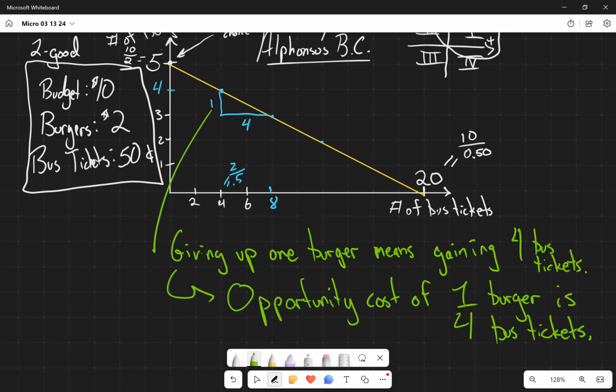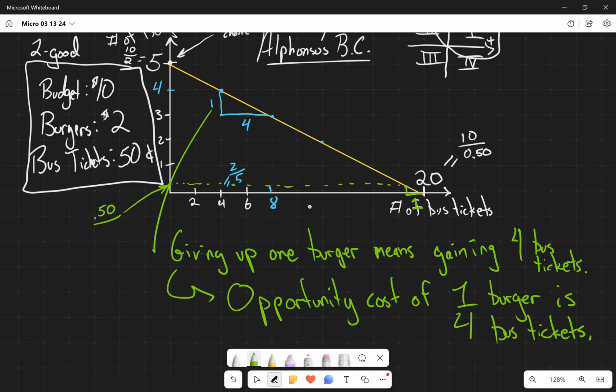Now, if we wanted to flip this around, and look at what is the opportunity cost of just one bus ticket, how much extra would that be able to get me in terms of a burger? What we find is that if you take one less bus ticket, then that's 50 cents.